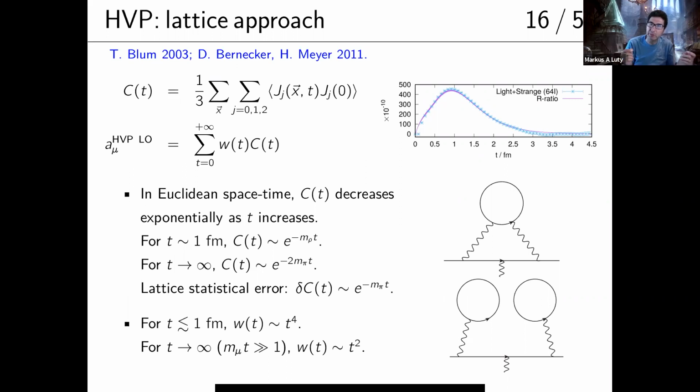Because it's a Euclidean time, and you can literally write it as an integral over Euclidean time, right? Right. But for the dispersive approach, you have to take some data that's in a time-like regime and go into the space-like regime, something like that, right? Right. And so, I mean, like the deviation around t equals 3 or so.